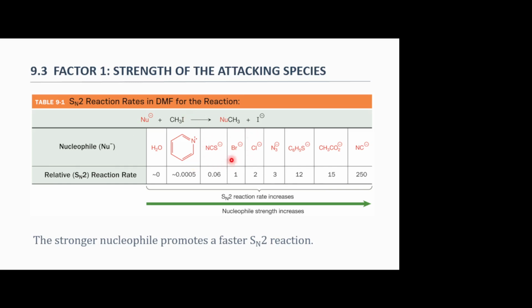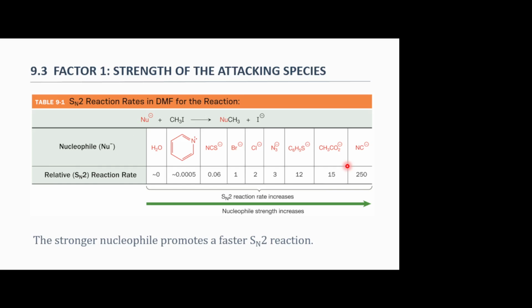And then we get up here and we start seeing faster reactions. And again, these are going to be things that have lone pairs and negative charges, right? And then we start getting up here even more, and we start seeing things where we have very concentrated negative charges that can move out and sort of attack things, right? That have a lot of deformability, okay? Especially on things that do not normally carry charge well, like a carbon, right?